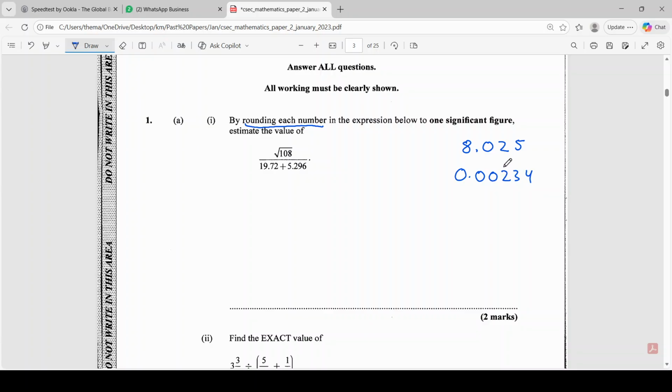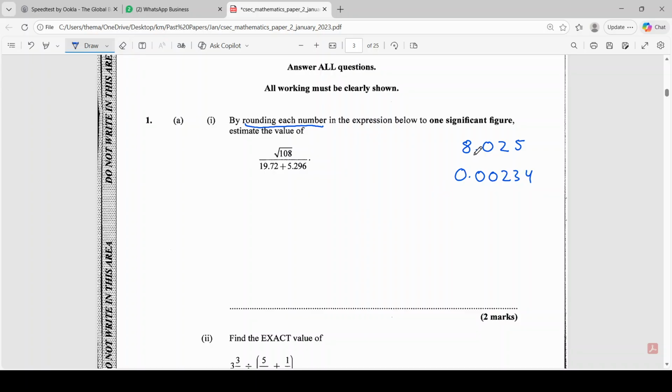Third decimal place will be the 2, and so on, right? So decimal places we check after the point. However, your first significant figure is going to be the first non-zero number. So this is a 0, 0, 0, so our first significant figure is going to be the 2. Second significant figure will be the 3. And third significant figure will be the 4. Alright, so that is the difference between significant figures and decimal places.